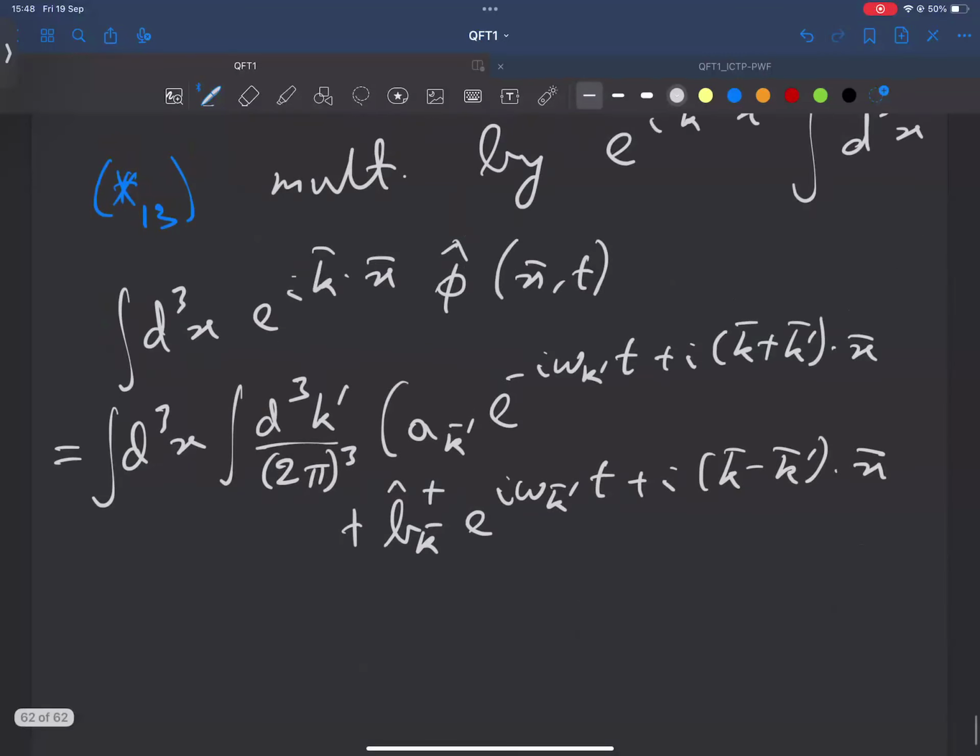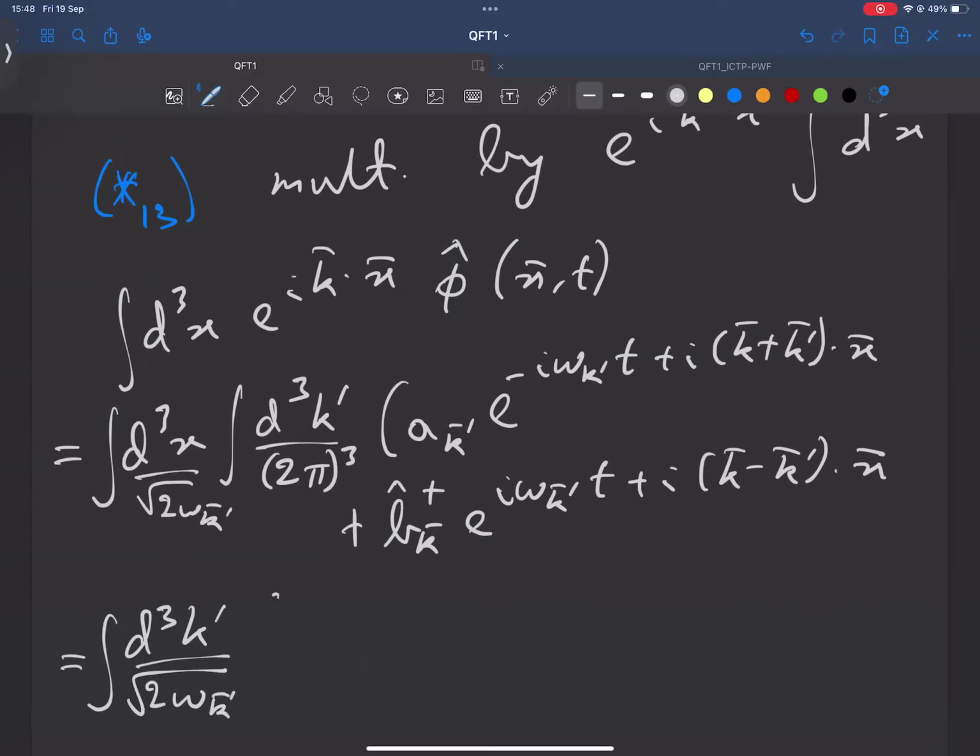And this now you can simplify to ∫d³k. Sorry, I missed a factor of 2 omega_k. So this will be simplified to 2 omega_k' square root a hat.